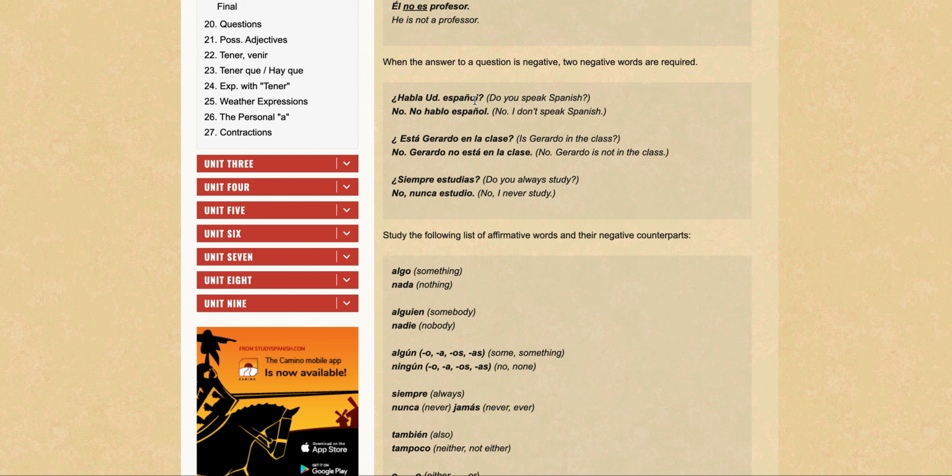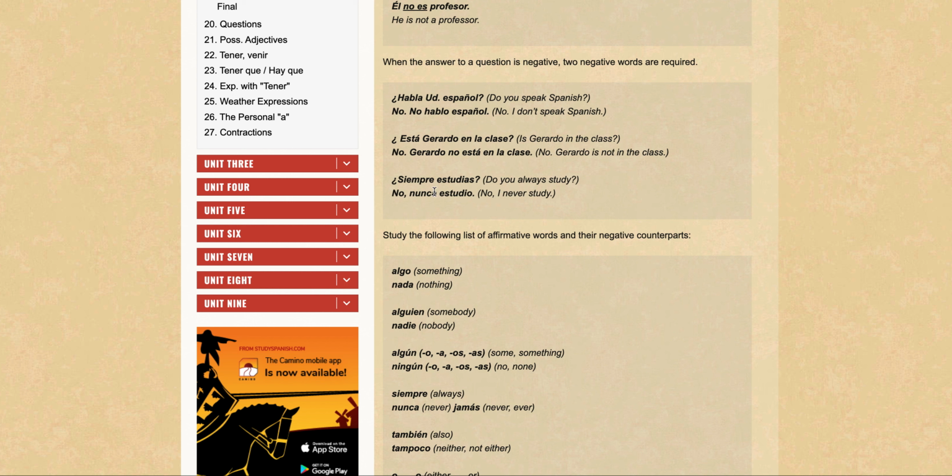The first one is answering the question, and that is no, a one word answer. And the second one is we are giving some context to the answer. So no, and then again another no. So no, no hablo, and this follows rule number 1, where we add a no before the verb, right? So no hablo español. So no, I don't speak Spanish.